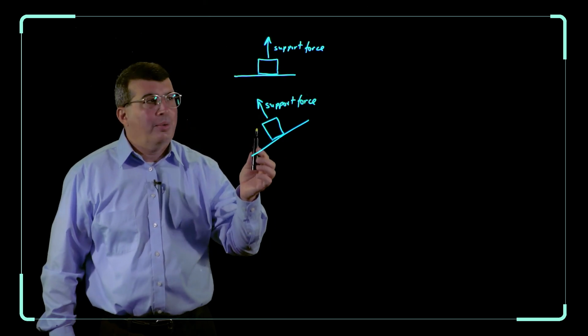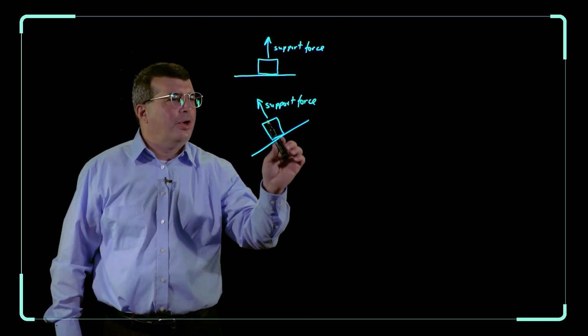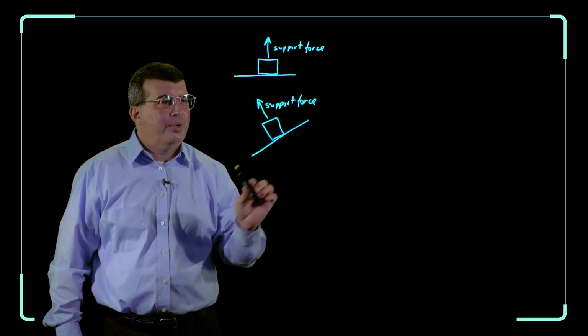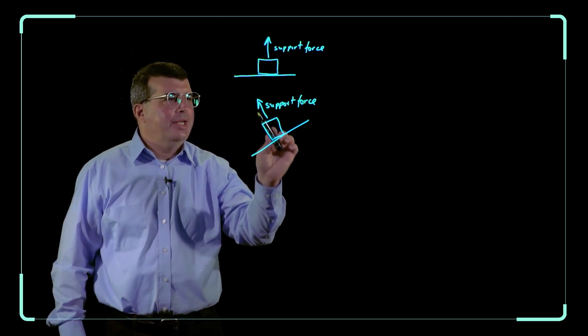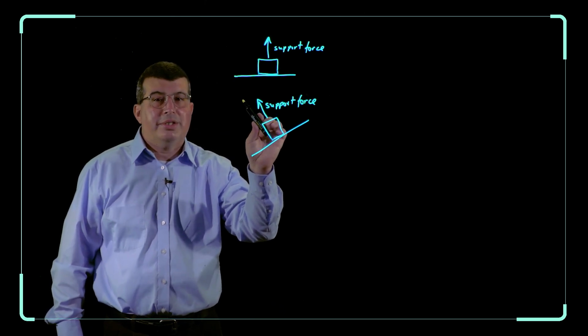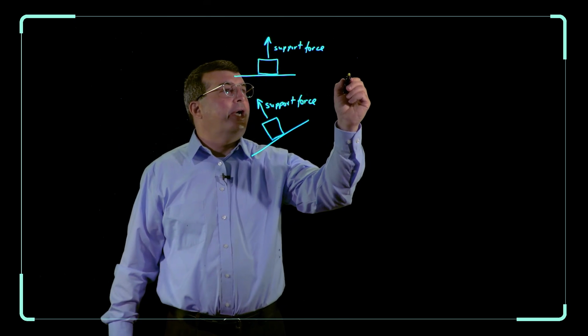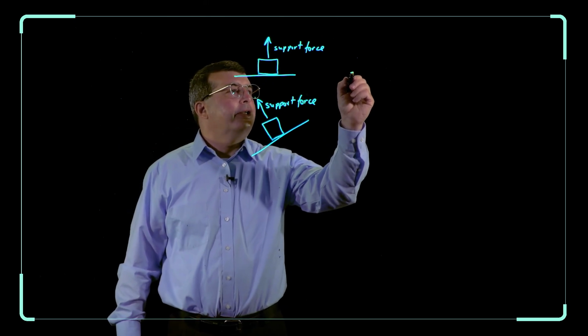Now, a quick question: does it matter if I draw the arrow up here or down here? No, it doesn't really. What really matters is the direction of the support force. So I could just as easily have drawn these diagrams like this.